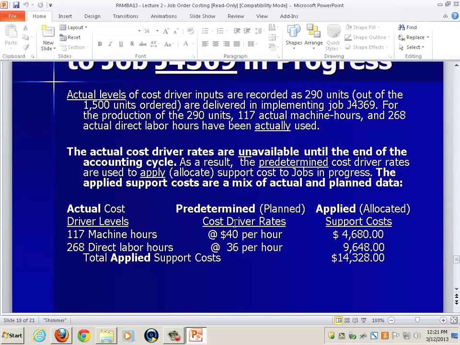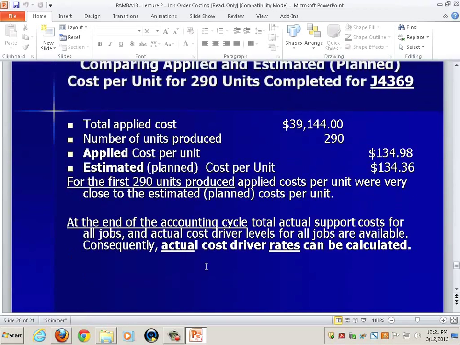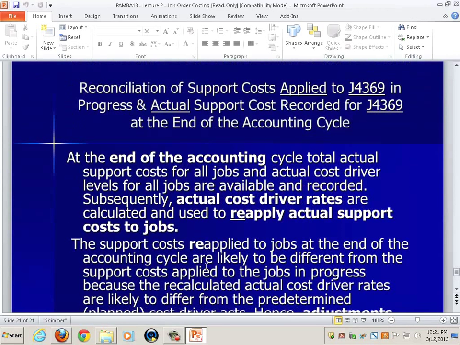Now, of course, what happens then is that at the end of the accounting, it's not that the actuals are not important. At the end of the accounting period, we will have the actuals. And then we do a reconciliation.